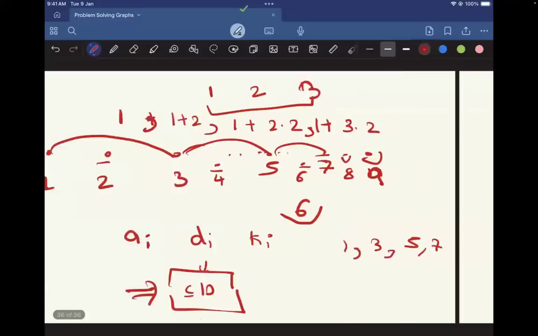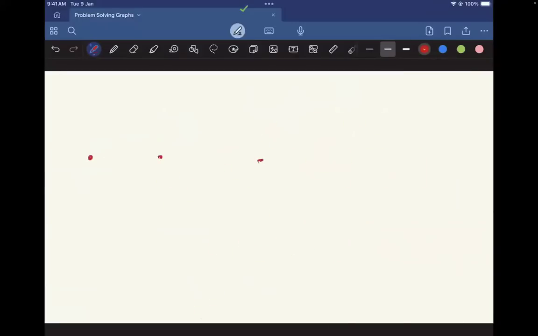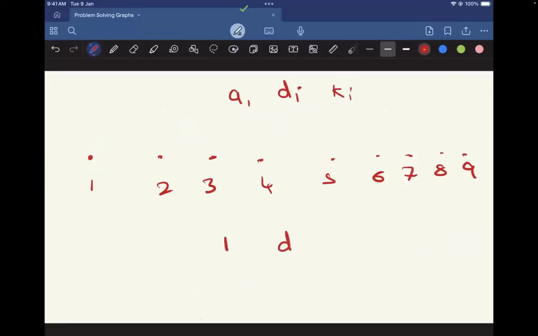Gautam, see, there are n points, okay? And this is 1, 2, 3, 4, 5, 6, 7, 8, and 9. Now, Alice has given you some queries. Let's say the first query, you have a_i, d_i, and k_i. Let's say a is 1, d is, let's say, 2, and k is, let's say, 3.